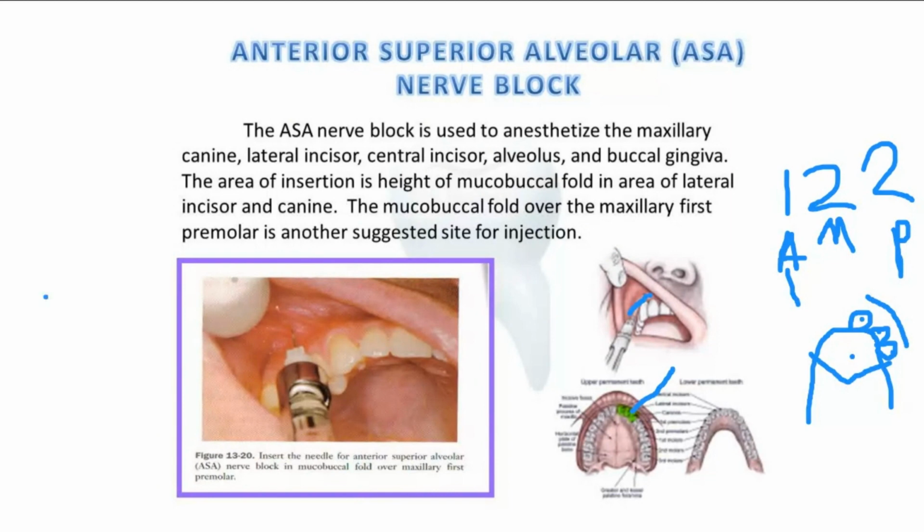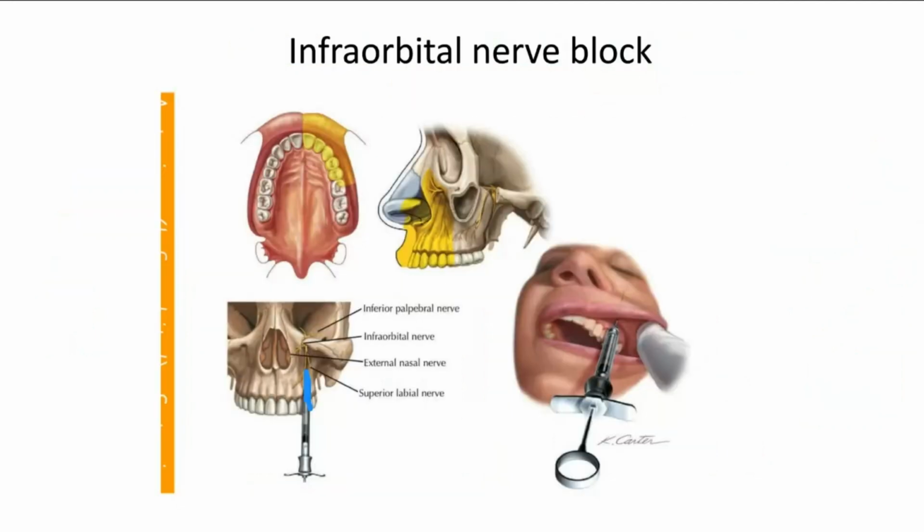If you go in at an angle, let's say these are the teeth here, you go into the mucobuccal fold like this, and you will ultimately be stopped just above the root. But if you go parallel like this, not exactly parallel, but less angle, you will go up more. And this is what we need in the infraorbital technique.